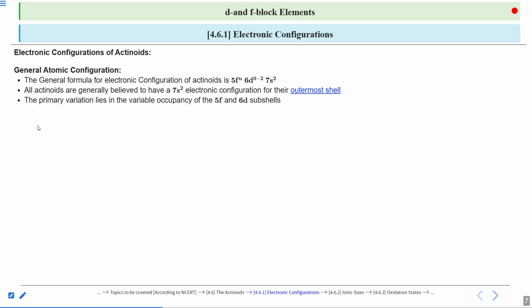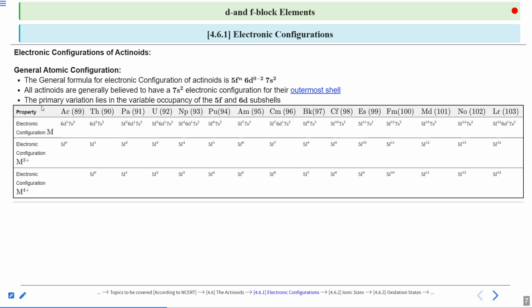You can see this table, where the property in this column is given: electronic configuration in the M3+ state, electronic configuration in the M4+ state, and these are the elements in the actinoid series, thorium, protactinium, uranium, neptunium, and so on up to lawrencium.